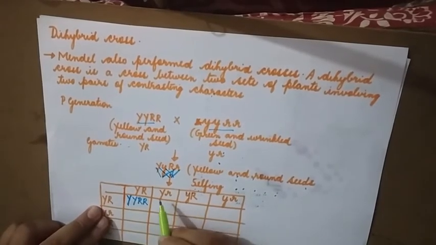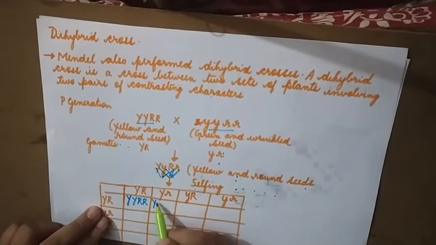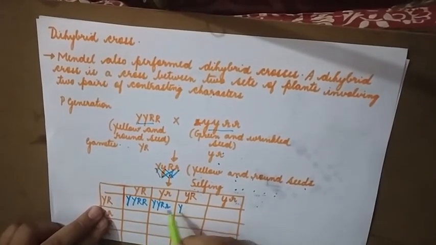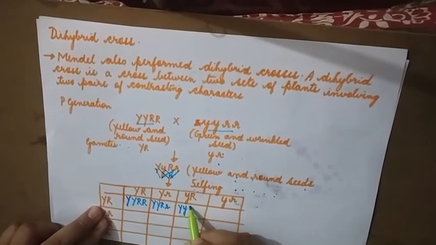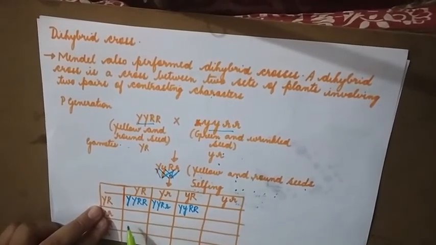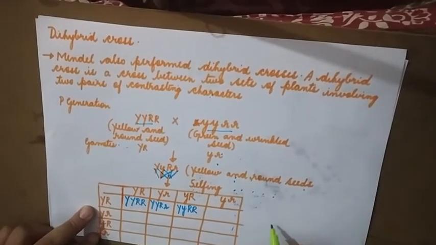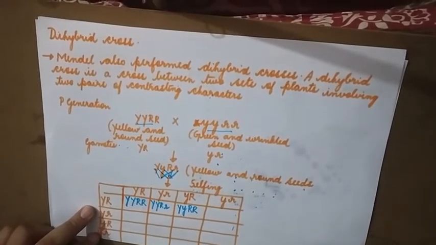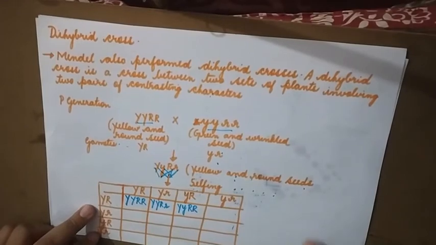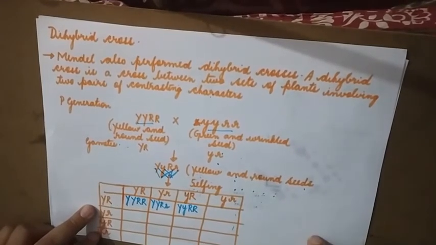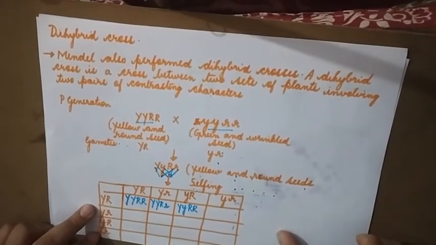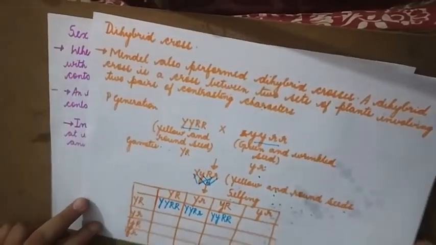Then again, capital Y and small y, then capital R and capital R. So likewise you have to fill in all the checkerboard. Then you have to find out the genotypic and phenotypic ratio. This will be homework. You will find out what would be the genotypic and phenotypic ratio for a dihybrid cross.